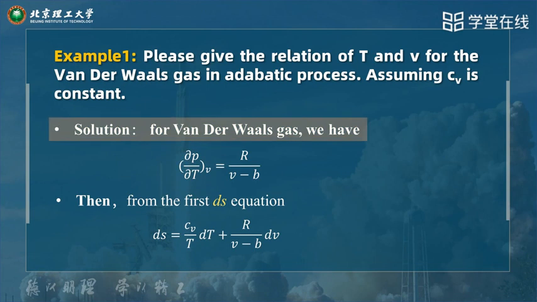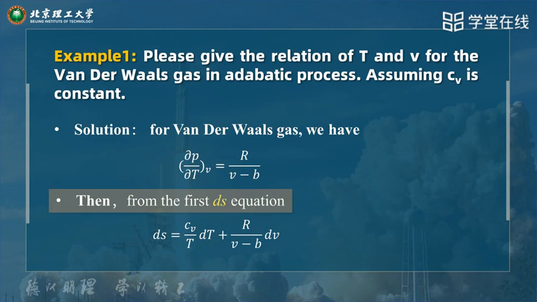For van der Waals gas, the van der Waals equation is easily obtained. From it we obtain partial P over partial T, V constant, equals R over (V minus b). R is the universal gas constant, b is constant.